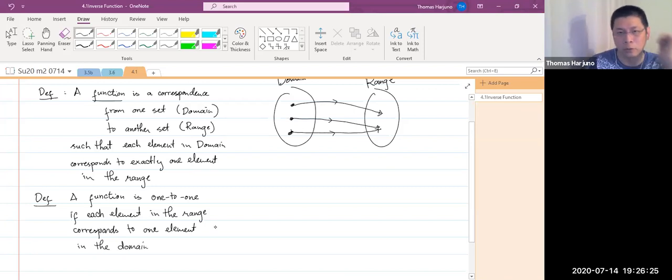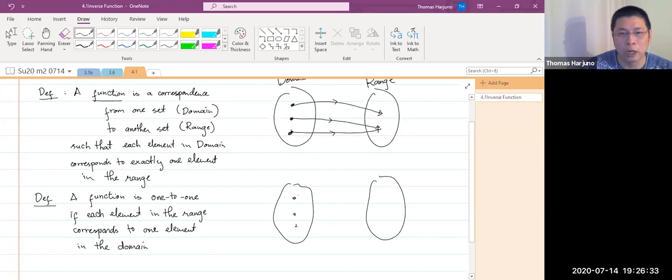So basically what we have is that not only does each element here correspond to one element there, but each element in the range corresponds from only one element in the domain.